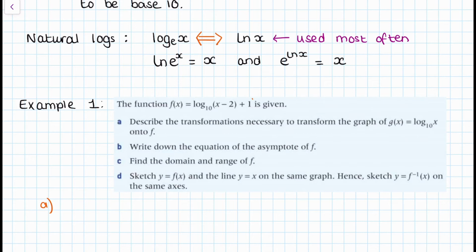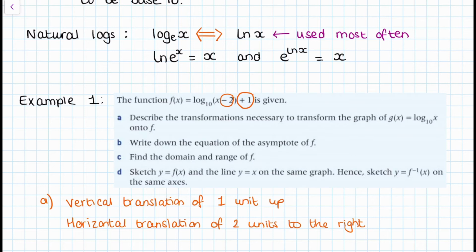So this plus 1 at the end, we know when we add a number to the end of a function, it translates the graph up by 1. So we know that that will give us a vertical translation of 1 unit up. Now when we have a minus 2 next to the x, that's a horizontal translation. And it's a minus 2, which means it's going to be going to the right.